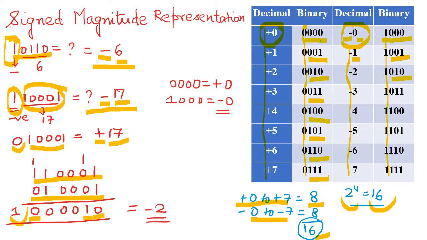So the first bit is 1 and indicates the result is negative. The remaining bits 00010 are equivalent to 2. So the value is minus 2. Minus 17 and plus 17 should give 0 as the answer, but we are getting minus 2. That means sign magnitude representation does not give correct results for subtraction.